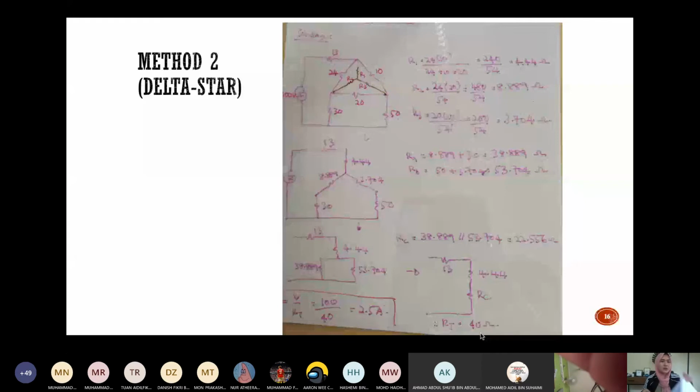Okay, any questions regarding the Wye-Delta transformation? If no questions, I want to continue with subchapter 2.14.